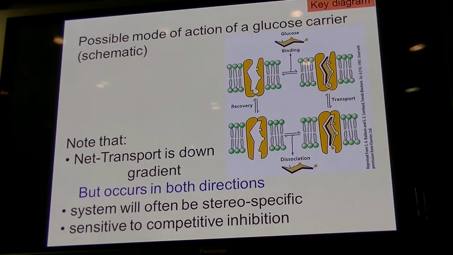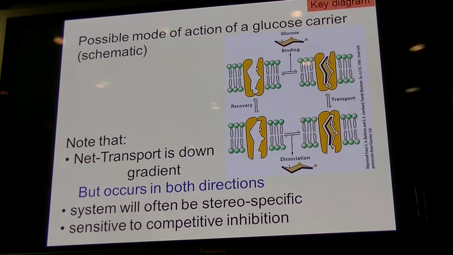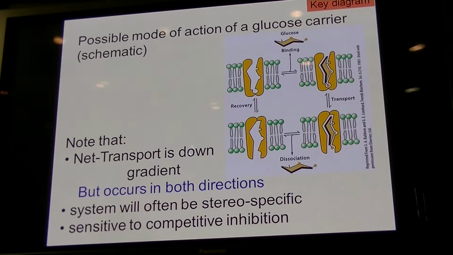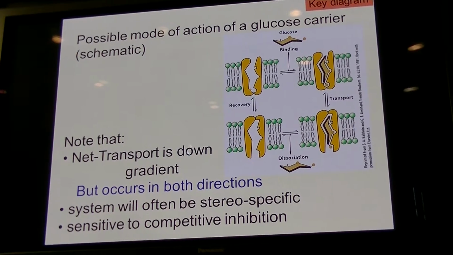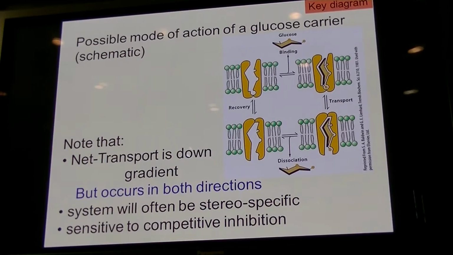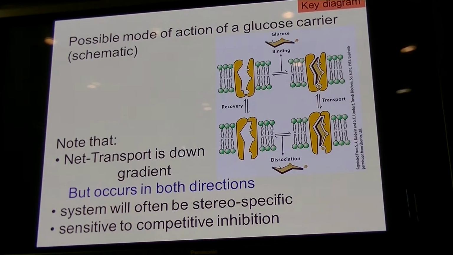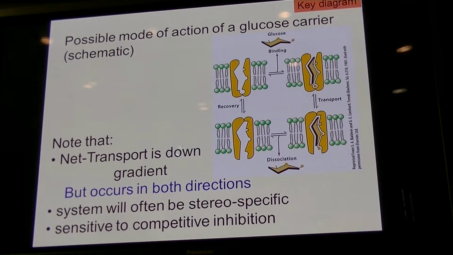The net transport direction depends on the concentration difference. The molecule, like glucose, will move from the higher to the lower concentration if you think about the net direction of transport. But there's some transport back, but there's faster transport forward.